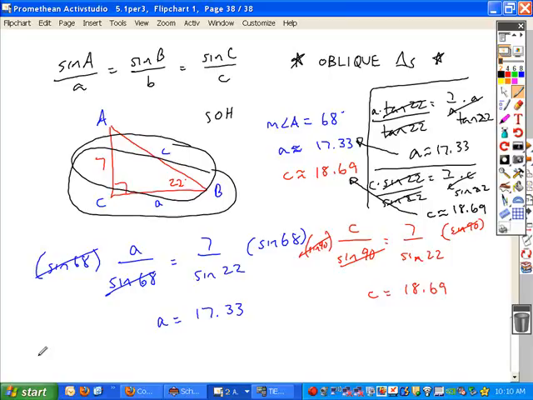And it was ASA, AAS. So again, the 2 patterns that involved 2 angles. And then the other one we haven't talked about yet, but do you guys remember which one it is? It's an SSA, and that's what we're going to talk about today and just go through why there are sometimes 2 possibilities if you're given information in the form of SSA.